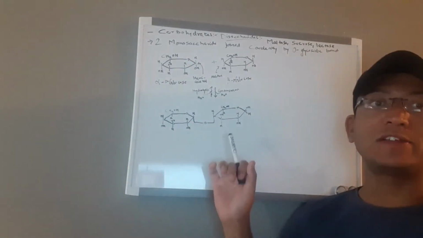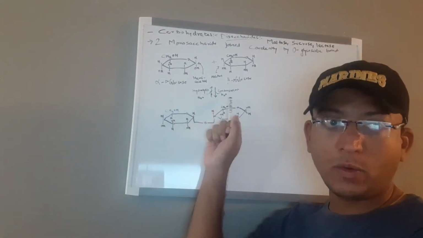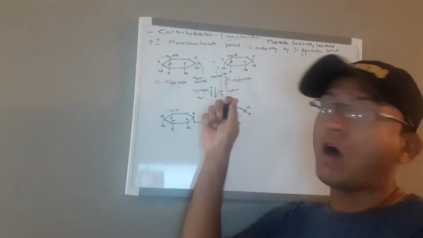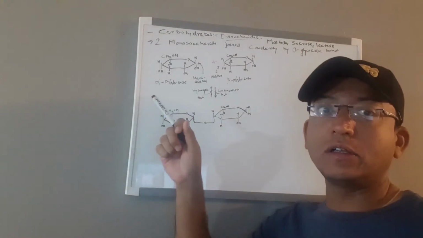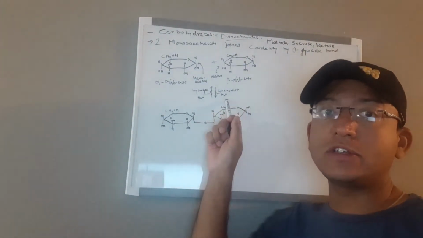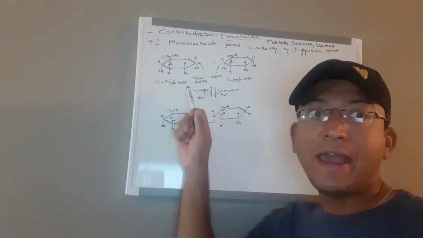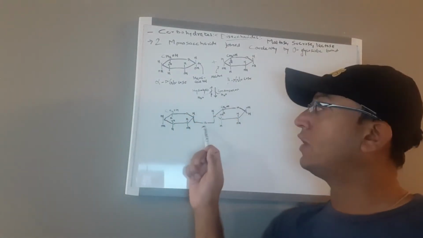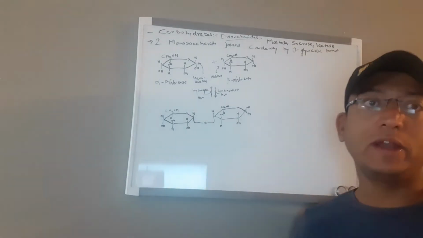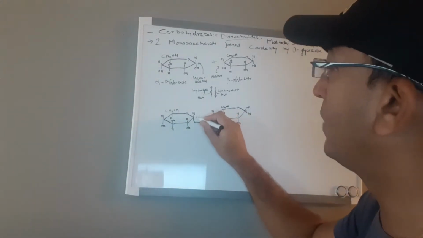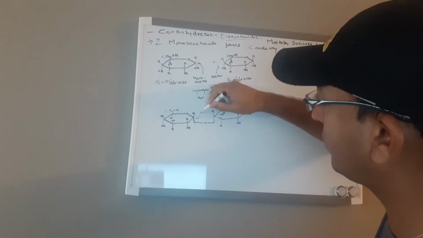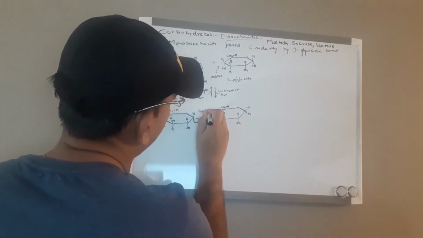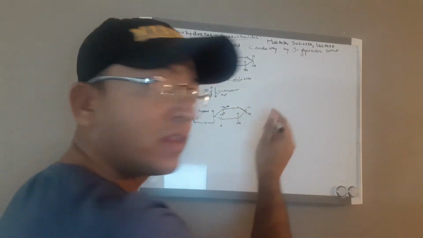So when the disaccharide is formed from the two monosaccharides, a hydroxyl group of one monosaccharide condenses with the intramolecular hemiacetal of the other with the elimination of H2O, and it forms a glycosidic bond, right? So this is an acetal, becoming from hemiacetal to acetal, and this is hemiacetal now.